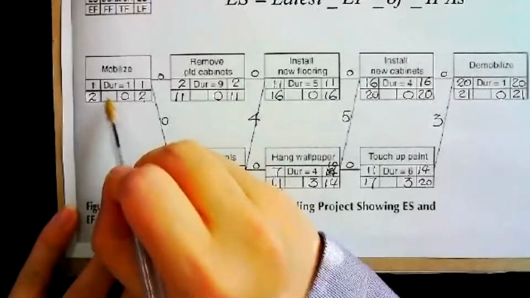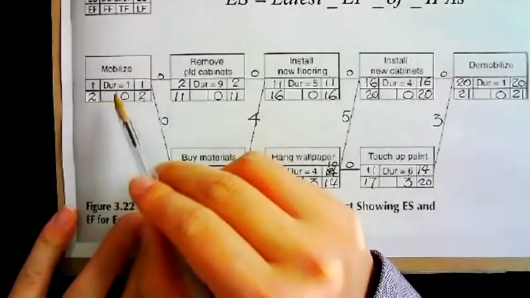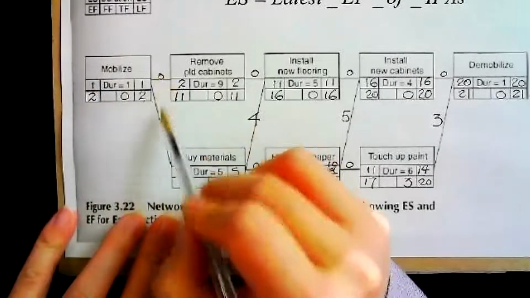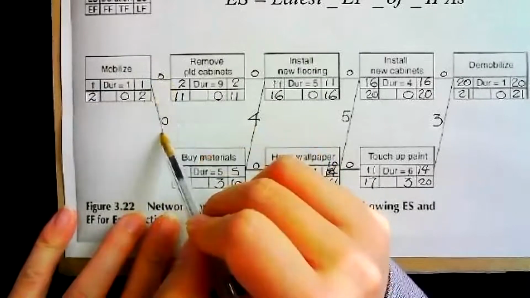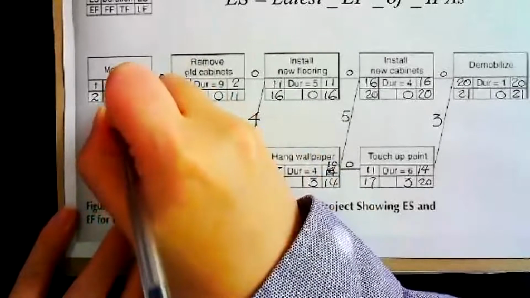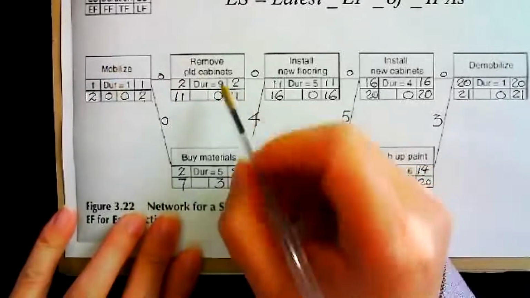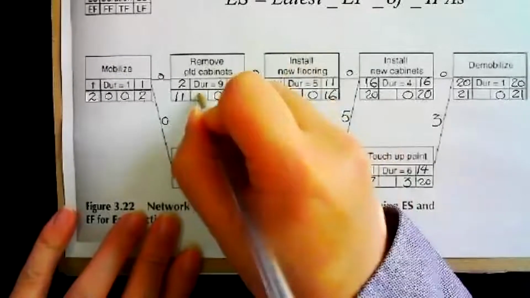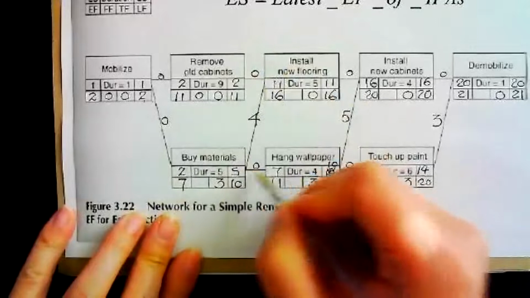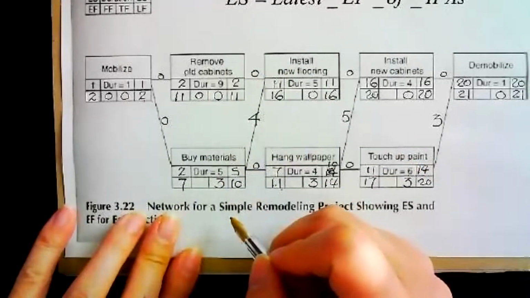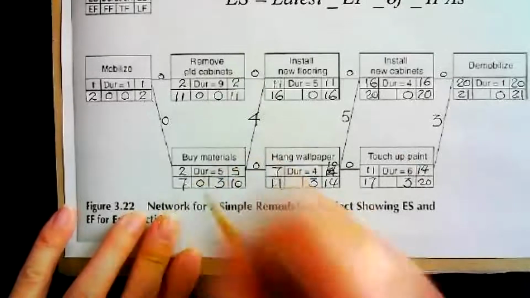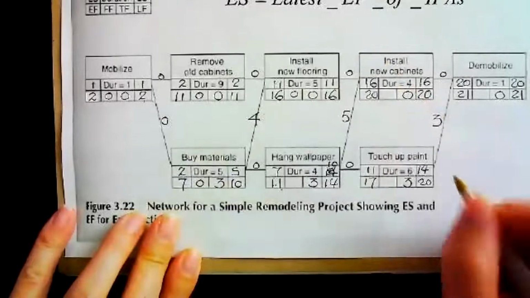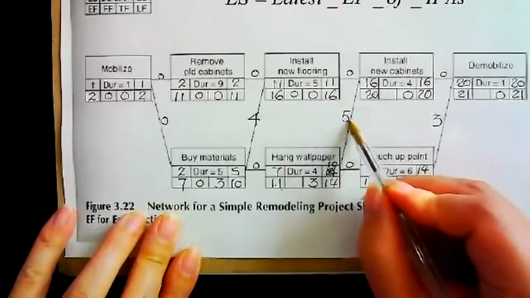Based upon the lag numbers, we can calculate free float. Free float equals the smallest of all the lag numbers following that activity. 0 and 0, smallest is 0. This one has only one line following it, so that's 0. This guy has 2 of them, 0 and 4. Find the smaller, 0. This guy has only 1, 0. And this one has 2, 0 and 5.